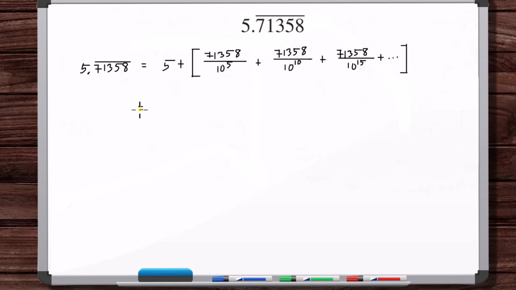Okay, and so what we've got is, this is a geometric series with common ratio 1 over 10 to the 5th, and first term this. So we've got 71358 over 1 minus that.